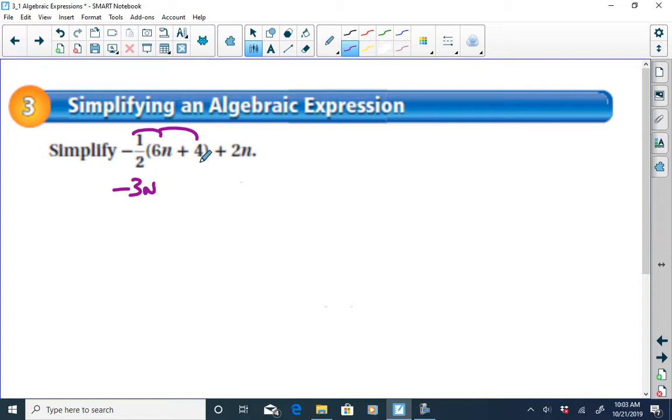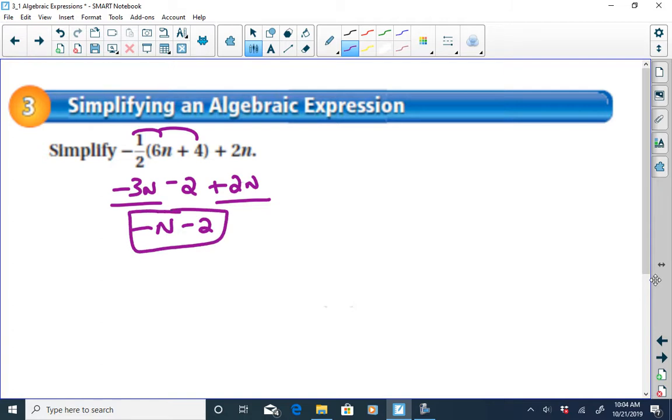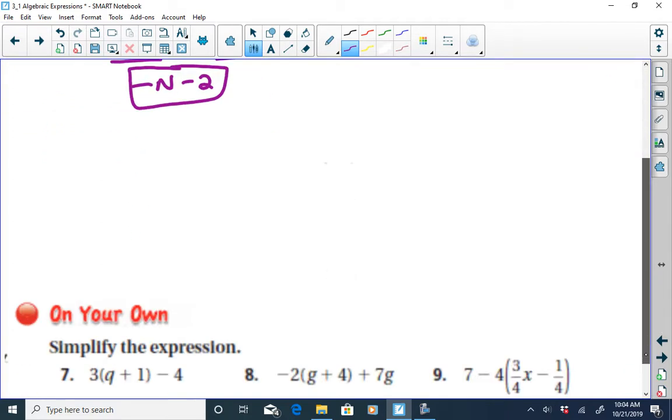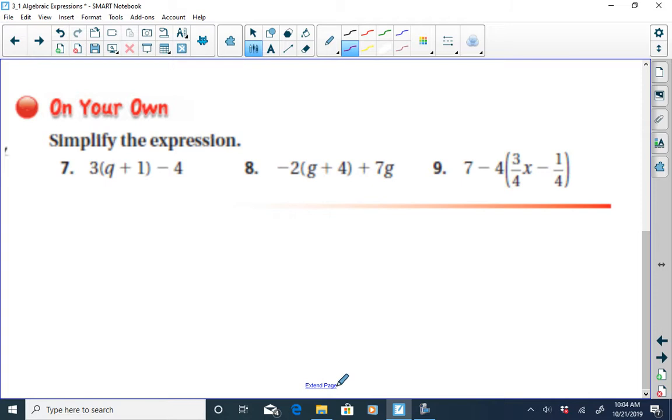The opposite of 1/2 times +4, it's going to be -2. Then I have plus 2n. My like terms are the n terms, so -3 plus +2. When I add my like terms, I use their coefficients. -3 plus 2 is -1n. I still have the -2. There's my simplified expression.